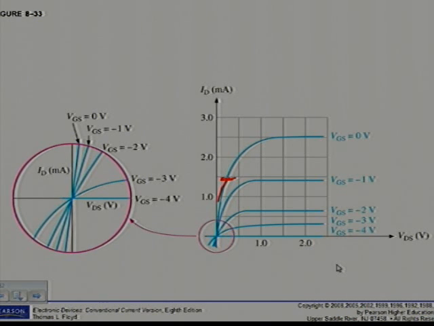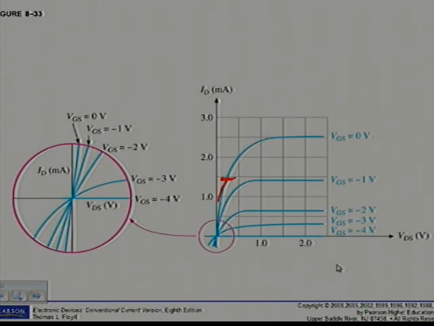But let's have a look at example 8.15, just to make sure that we understand what we have to do here. It says there, for the transfer characteristic curve in figure 8.33, calculate the AC drain to source resistance for a JFET biased at the origin if VGS is equal to minus 2 volts.